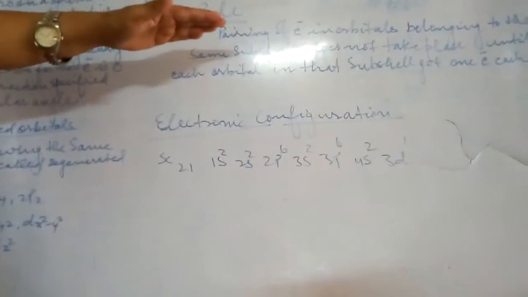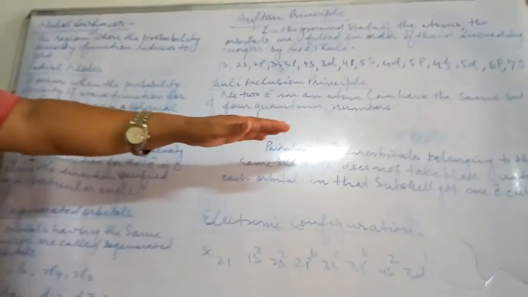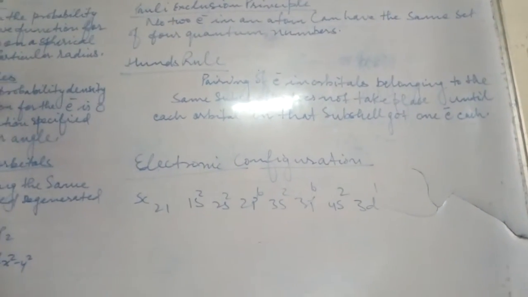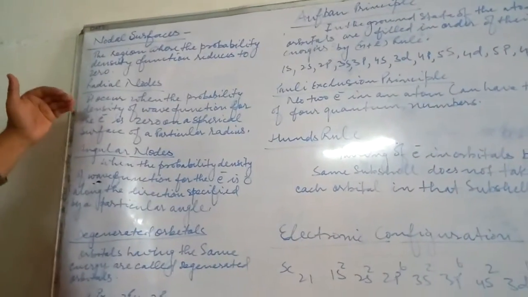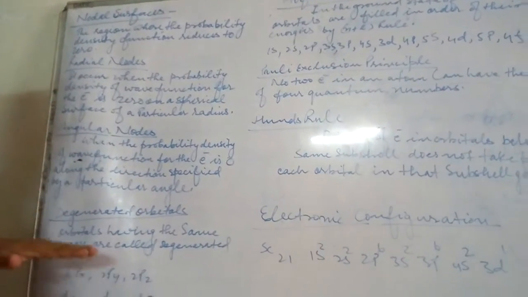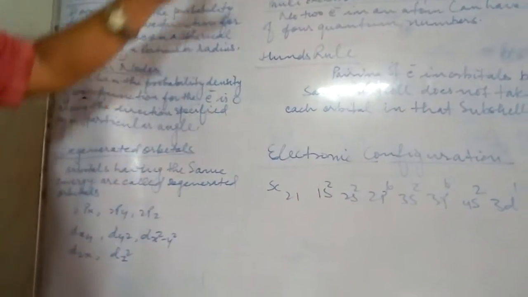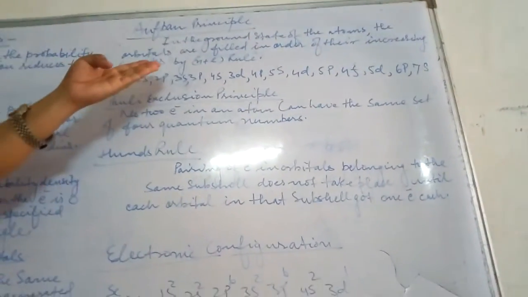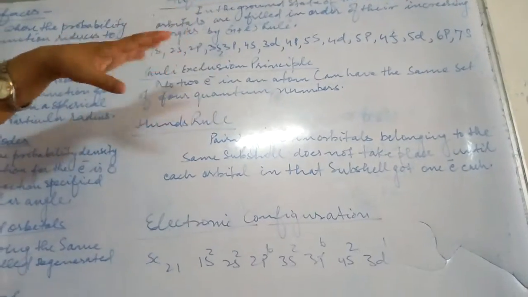So pairing of electrons in orbitals belonging to the same subshell does not take place until each orbital in that subshell gets one electron each. So children, today you have gone through the final topics: nodal surface, radial nodes, angular nodes, degenerate orbitals, Aufbau principle and n plus l rule, Pauli's exclusion principle, Hund's rule.